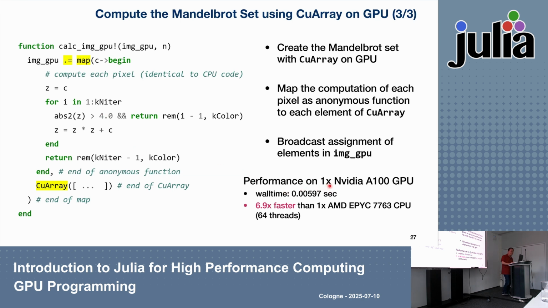And on one NVIDIA A100 GPU, as you can see, you are able to achieve 6.9, let's say 7 times faster than one CPU socket with 64 threads. This is really a lot.